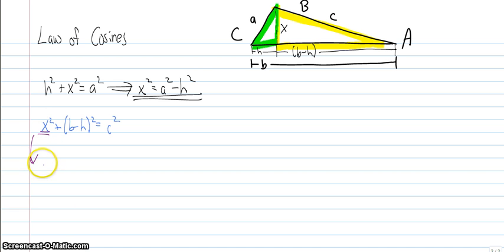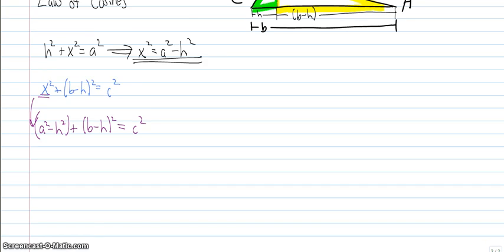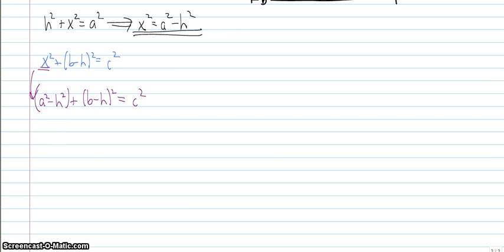So this x squared becomes a squared minus h squared plus quantity b minus h squared still equal to c squared. So I've got a lot of variables in there, and what I'm actually going to do is expand this out a little bit further. So a squared minus h squared plus, when I square this entire quantity, it becomes b squared minus 2bh plus h squared equals c squared.